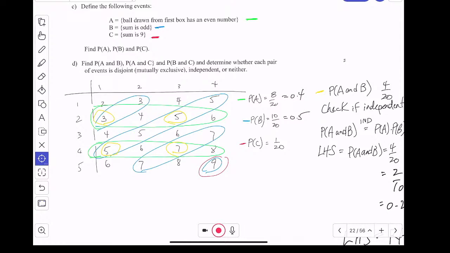So inside of the blue, to get the ratio of A, these 4 out of a total of 10, 4 out of 10 is still 0.4.